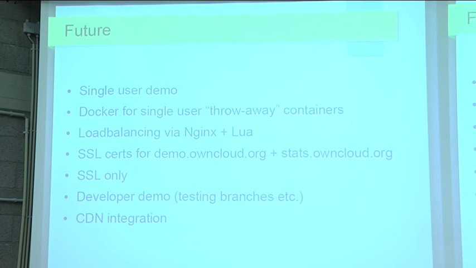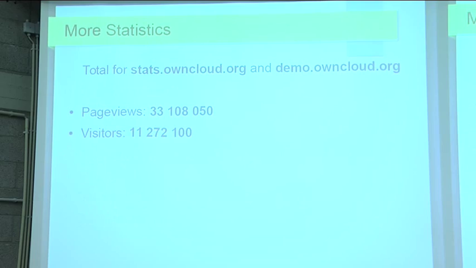It's probably going to be some Docker throwaway container based thing. And I want to finally integrate SSL certificates for the demo and stats, and probably an SSL only version, and a developer demo, so testing could be much easier with testing branches, so everyone who wants to test doesn't have to load, and probably CDN integration.